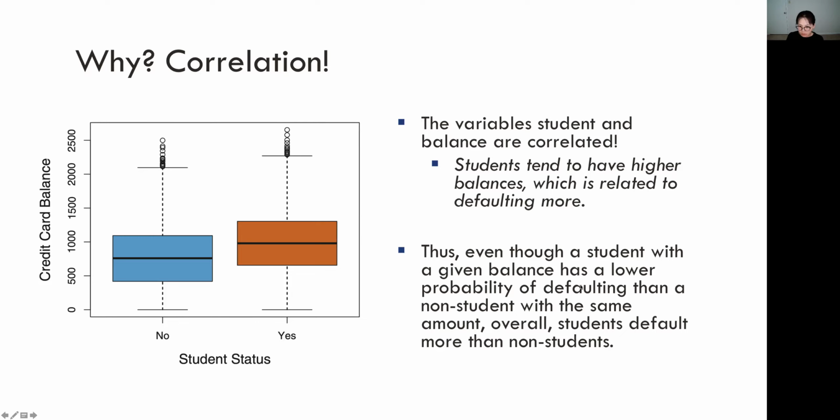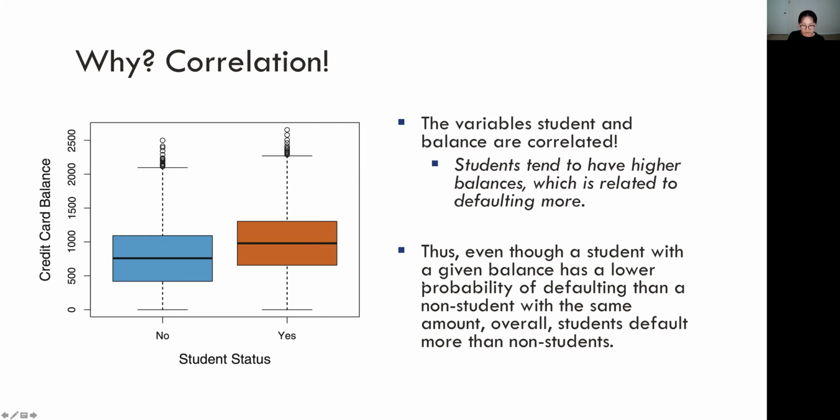So even though a student with a given balance has a lower probability of defaulting than a non-student with the same balance, overall students default more than non-students. So this is what's happening.